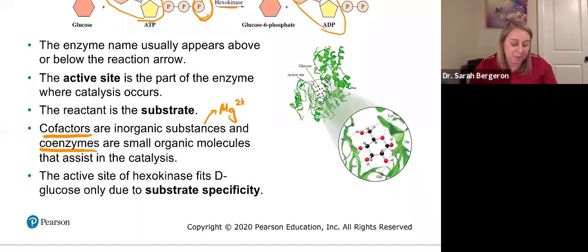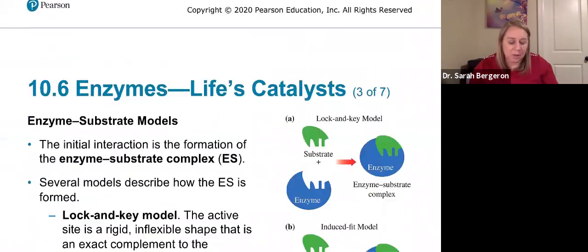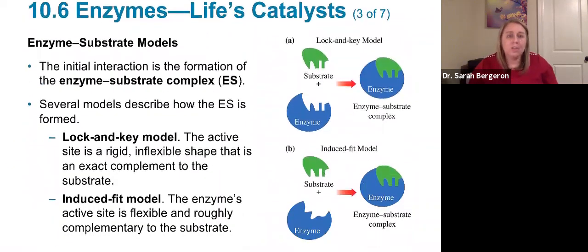It's very specific fitting. So there are two general mechanisms, right? So we know that we have an enzyme, and if we add a substrate to that enzyme, we are going to make an enzyme substrate complex. So this is kind of how we write this reaction.